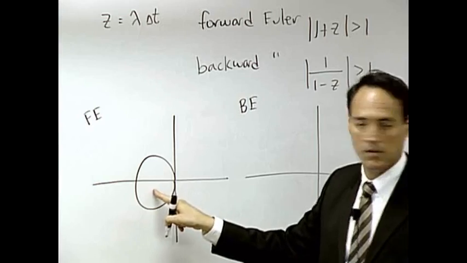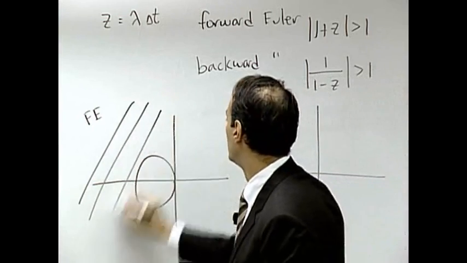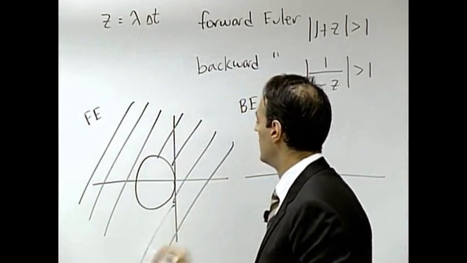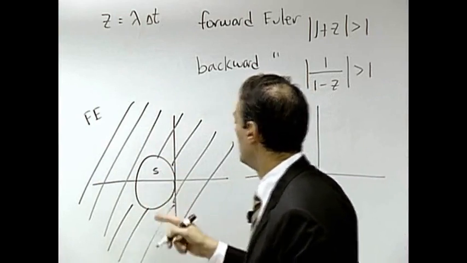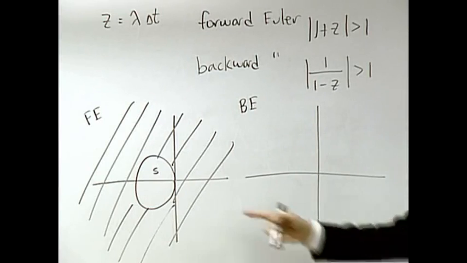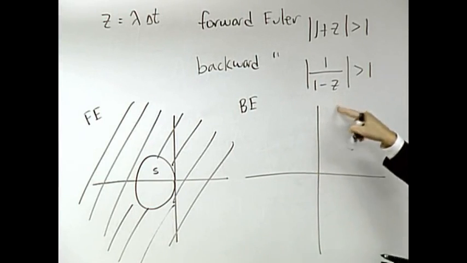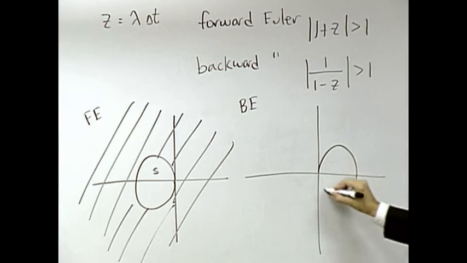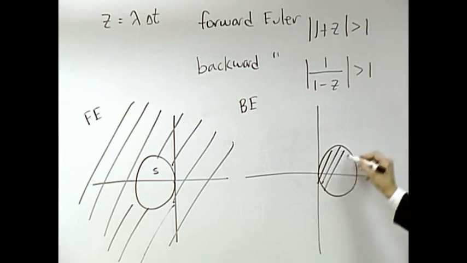That's stable. Everything else is unstable. So that's how that works. A little area where you can step in and forward Euler will work. Over here, here's the criteria. Here's what's unstable. Everything else is stable.